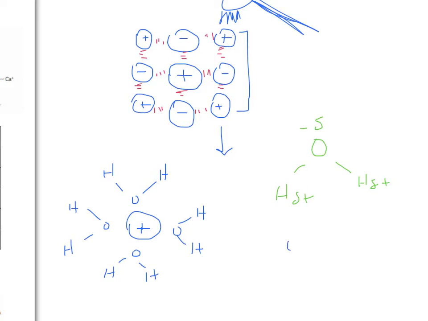I can do the exact same thing with my negative anion. It can be surrounded by water, making ion dipole attraction. The water just has the opposite orientation, with the slightly positive H's going in.